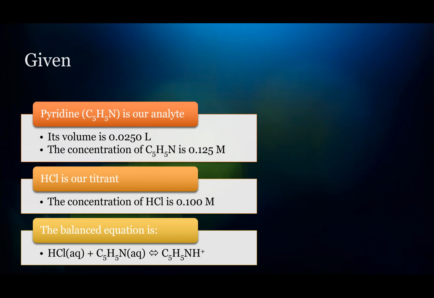Hydrochloric acid is our titrant, which means that it's in the burette. We know that the concentration of HCl is 0.100 molar, and that our balanced equation is HCl aqueous plus C5H5N aqueous turns into the conjugate acid of our weak base, C5H5NH plus.